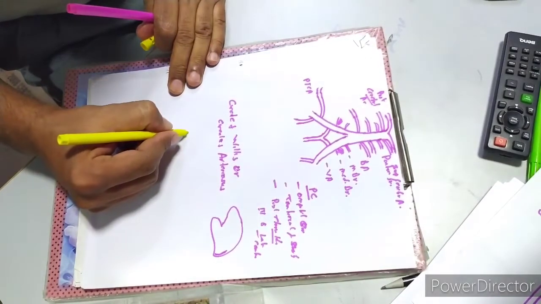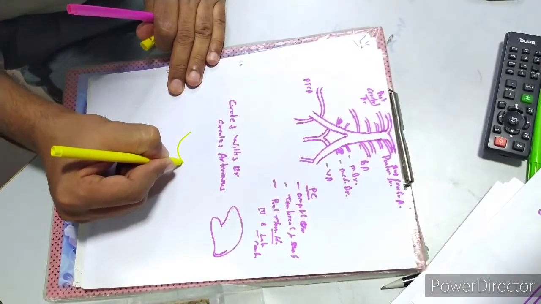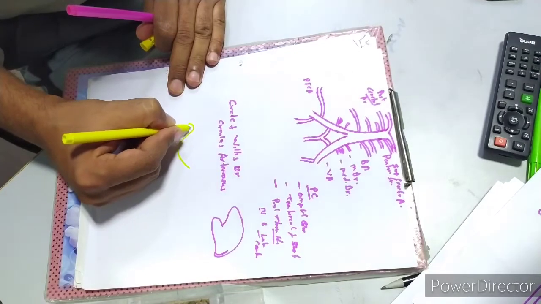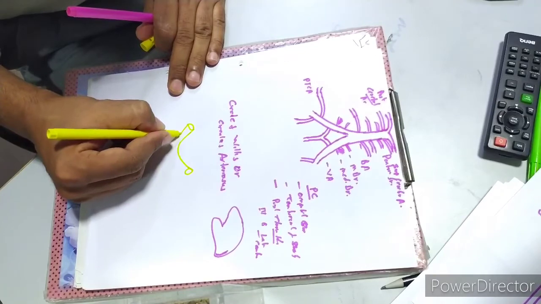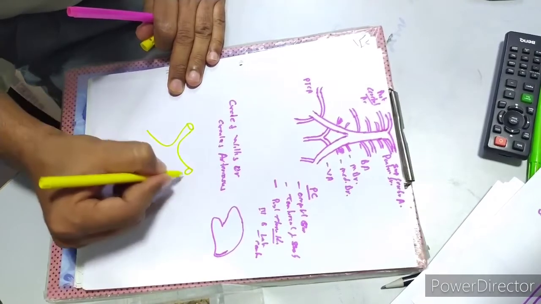Look here. Suppose these are the optic nerves. This is the optic chiasma.